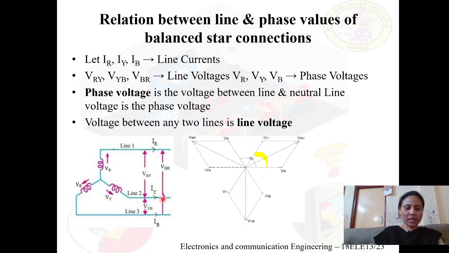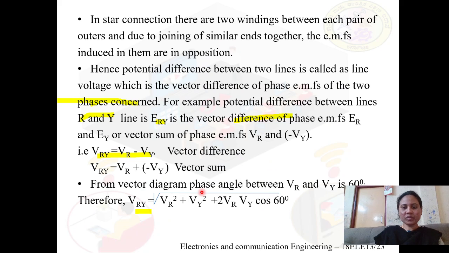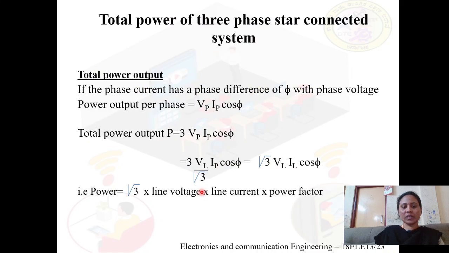Here similarly IY, the same current will be flowing through this phase Y. Similarly for B, the same current will be flowing through the phase B. Hence, line current is equal to phase current.